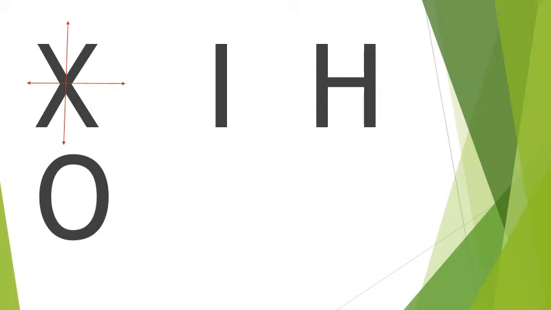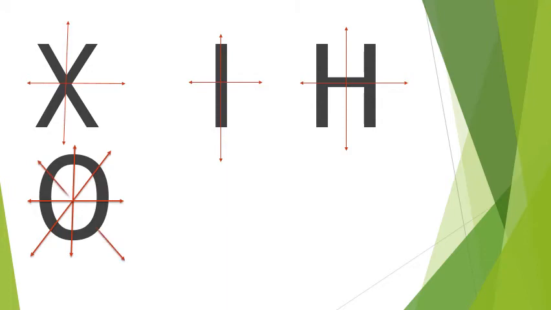I has 1, 2. H has 1, 2. And O has infinite axes of symmetry. So 1, 2, 3, 4, and so on.